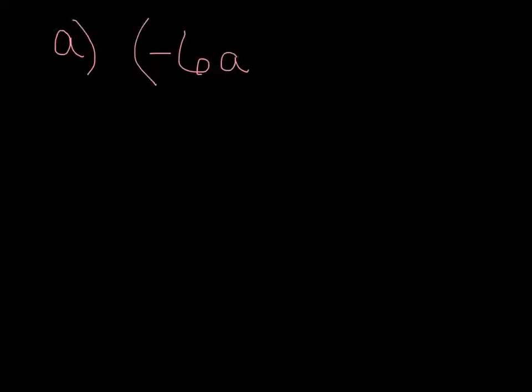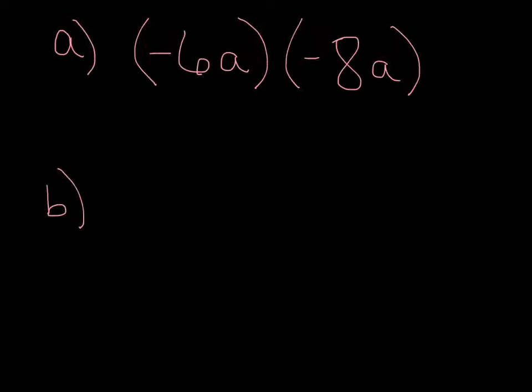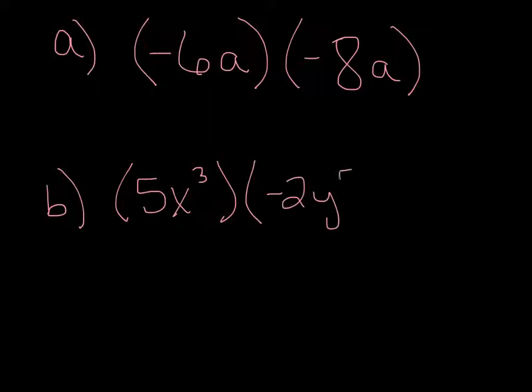Negative 6a times negative 8a. That's letter A, and then for letter B we're going to go 5x to the 3rd times negative 2y to the 5th. Okay, hit pause. See if you can do it. Check with your partner. Then let's hit play.